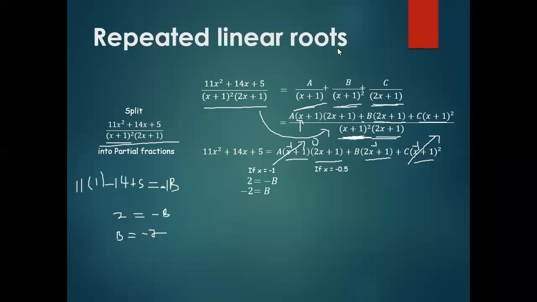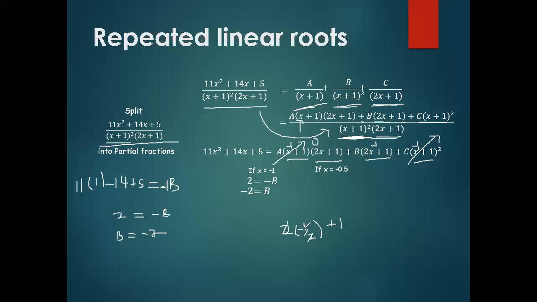Okay, now let's find for the next one. Here we are saying that if x is negative half, we've talked about a half already. If we make x negative half, that will be 2 into bracket negative half, plus 1, which will always be equal to 0, because 2 times half will cancel 2.